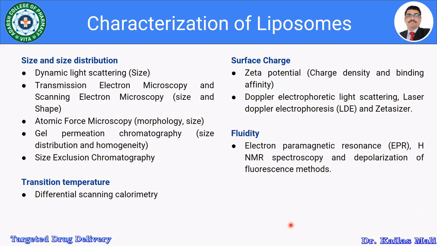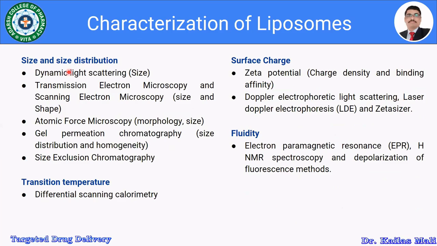Let us see the characterization of liposomes. How are the liposomes characterized? There are many characterization techniques available, which are widely used to get an idea about size and size distribution.